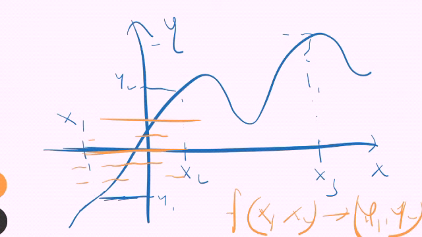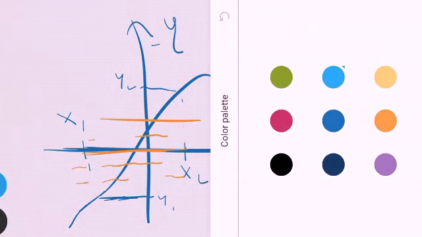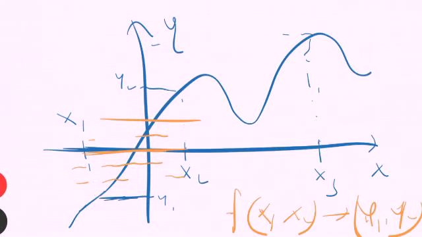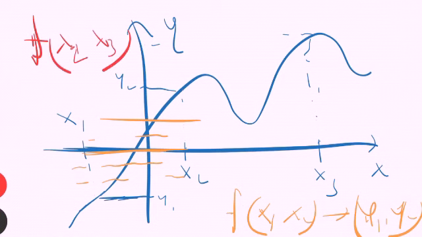Now if I ask f from x2 to x3, to y2 to y3, so between x2 and x3 the results are y2 to y3.